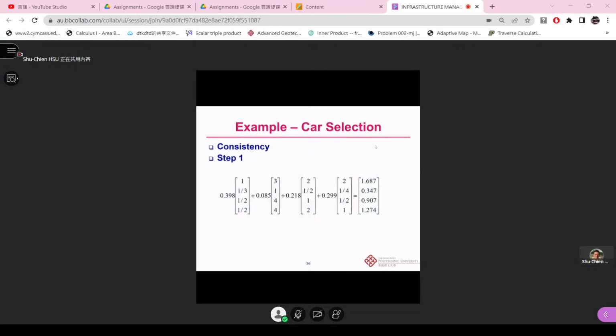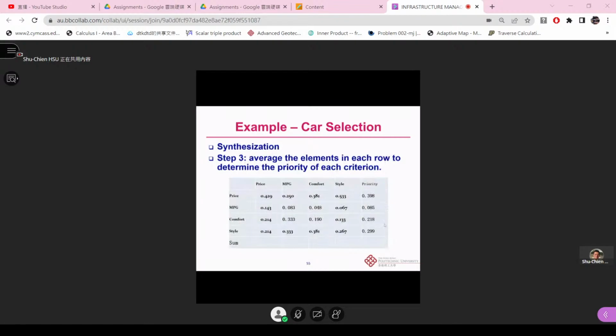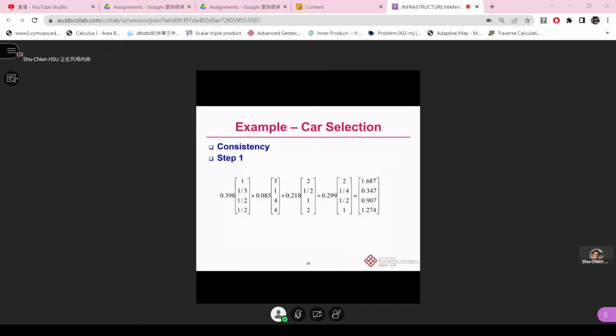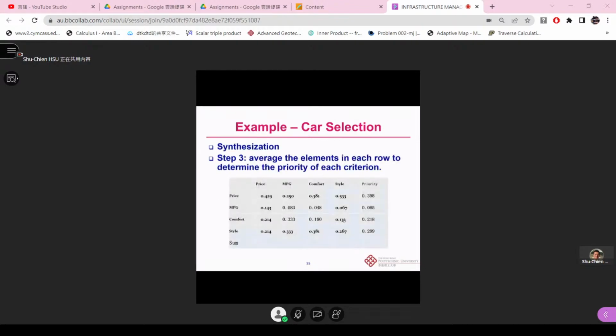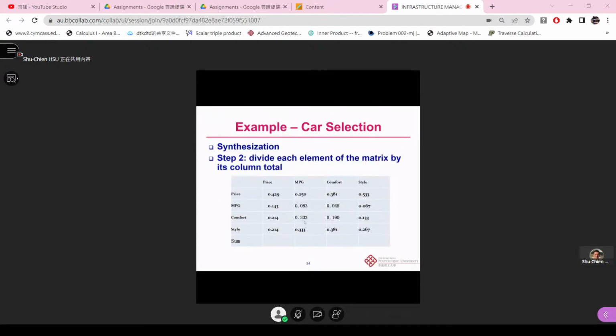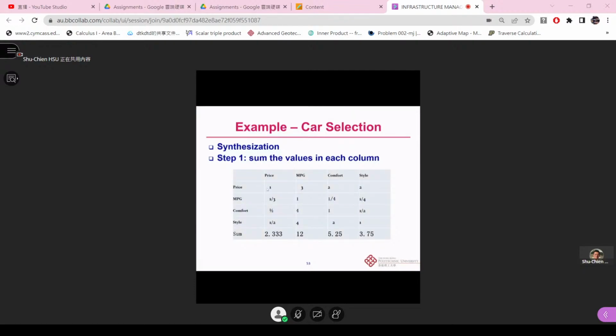Okay, now we can check the consistency, because for those priority weightings, we use this 0.398 and tie it with the previous matrix on page 53.